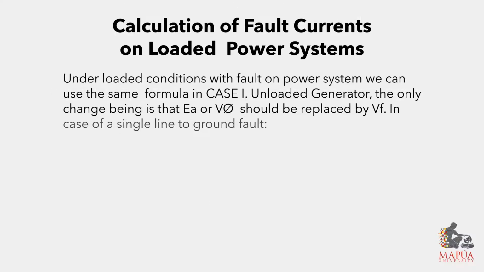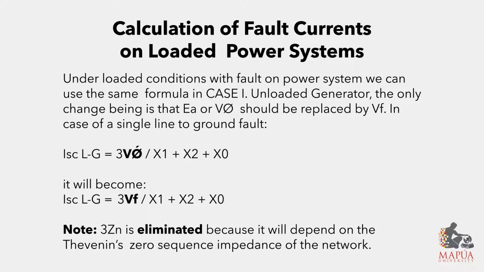Under these loaded conditions, with a fault on the power system, we can use the same formula as in case 1, unloaded generator, the only change being that EA or VG should be replaced by the terminal voltage, the voltage with respect to the fault point, VF.